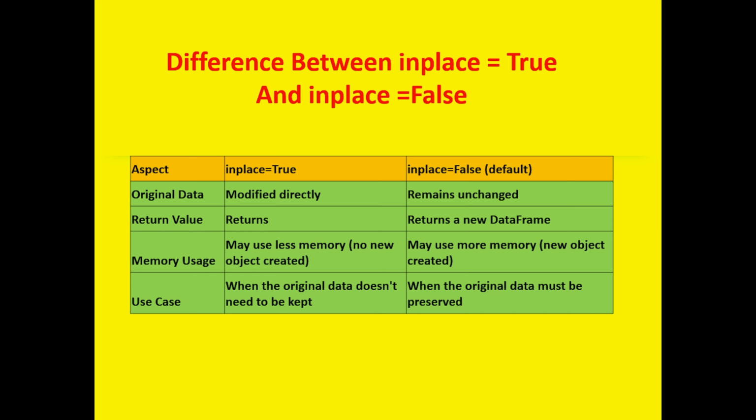Memory usage: inplace equal to True may use less memory, no new object created. inplace equal to False may use more memory, new object created. Use case: when the original data doesn't need to be kept, use inplace equal to True, and when the original data must be preserved, use inplace equal to False. This will definitely help you summarize the concept. We will see the practical implementation in a while.